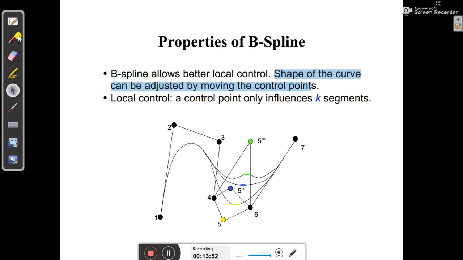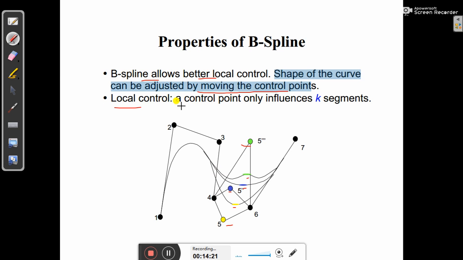This is yellow for the original position, the blue position is due to the changed position of 5, and the green position is due to changing the position of 5 to here. So by moving the control points, we can change the shape of the curve. That is why B-spline allows better local control.